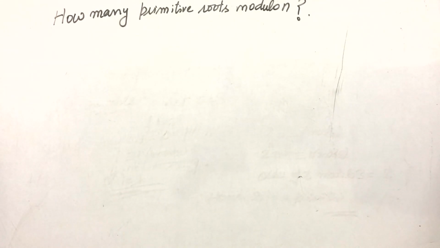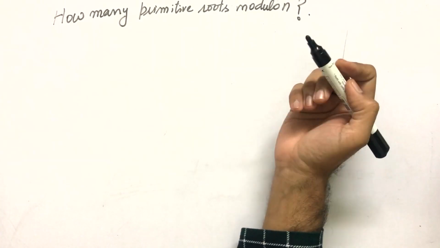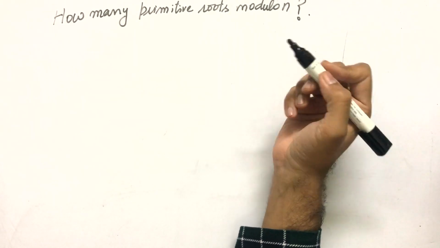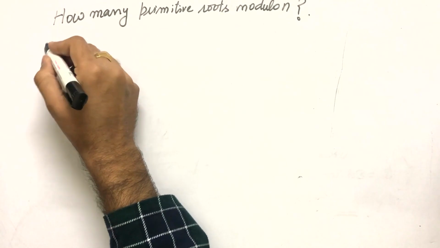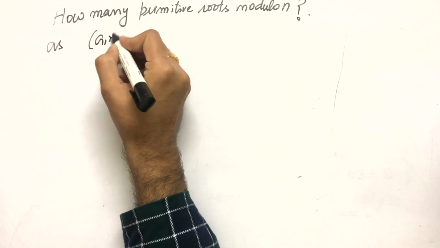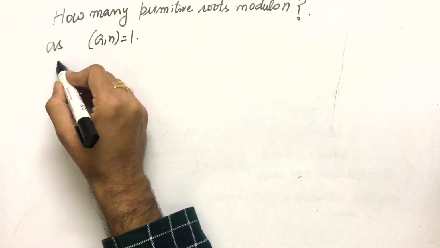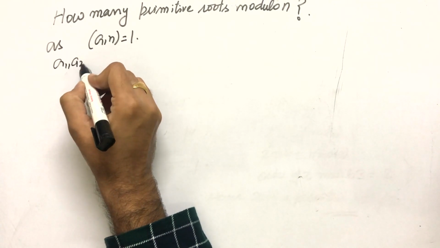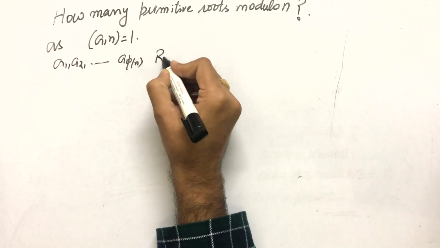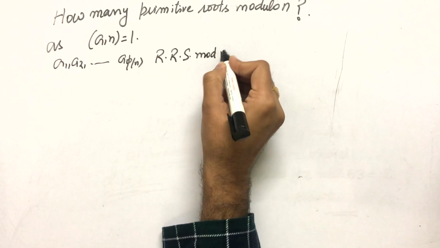The next question that comes to our mind is, how many primitive roots modulo n are there? Now to answer this question, we again revise some results. As for a number to be a primitive root, GCD of a and n is 1. And also we know that a1, a2, up to a phi n is a reduced residue system modulo n.